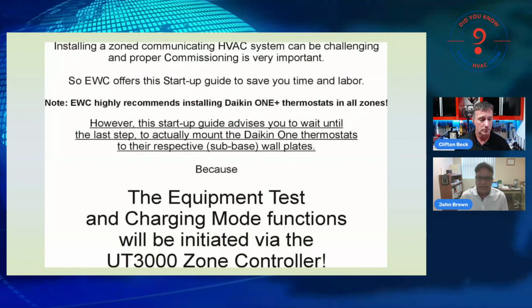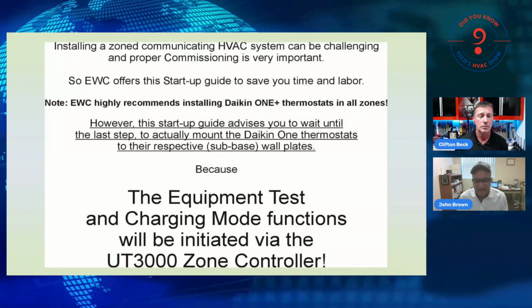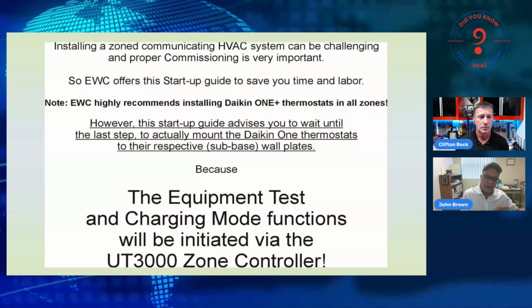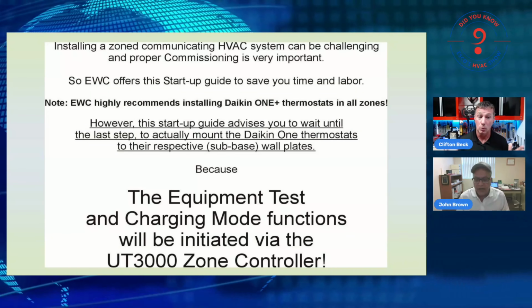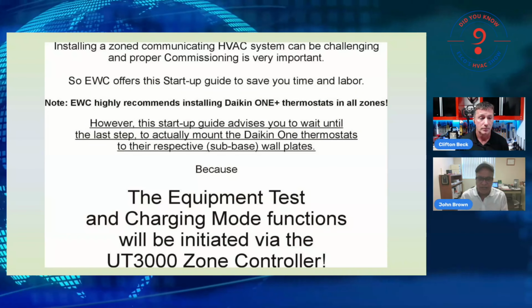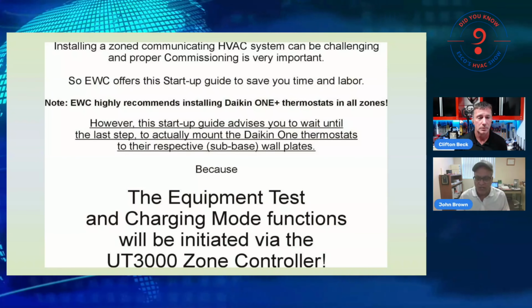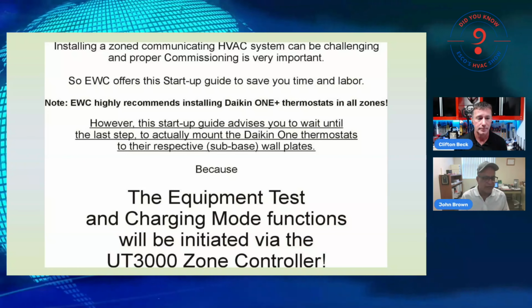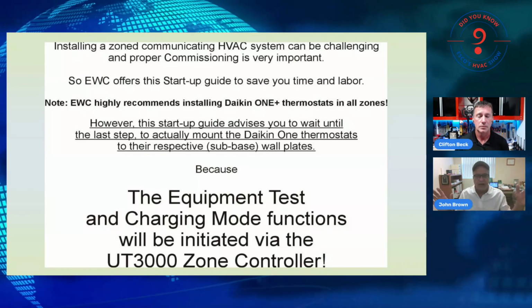And we've also seen some issues where the commission process can be affected because the contractor doesn't have thermostats turned off. Right. Remember, commissioning, that is equipment test and charging mode, are commission functions. They're not cooling operations. So once these commands are sent to the equipment, they're forgotten about.